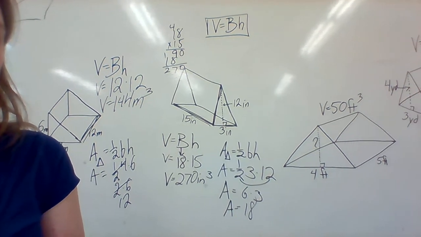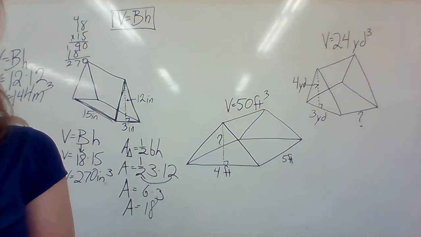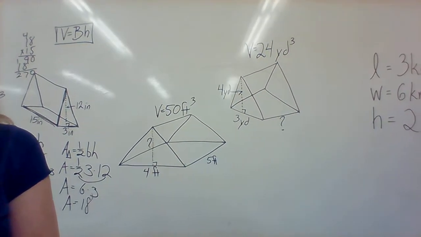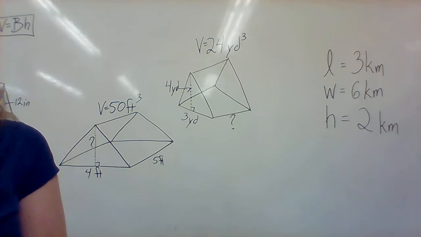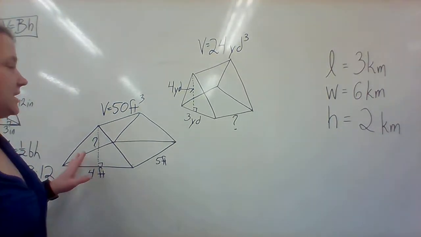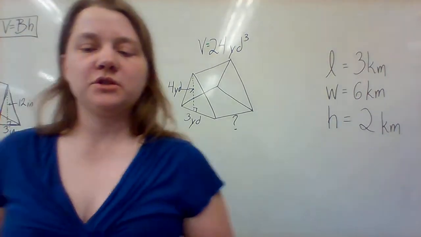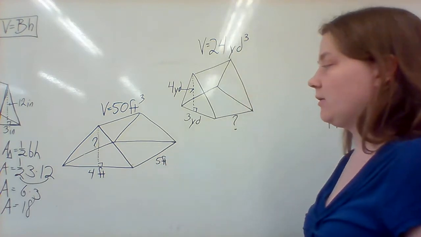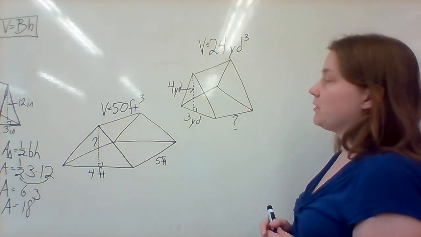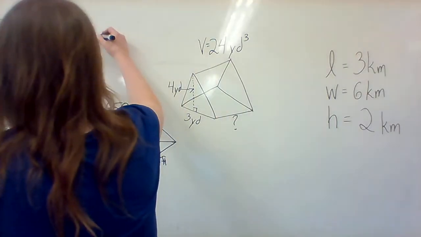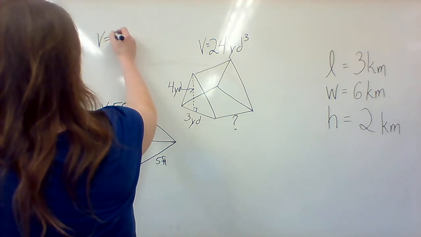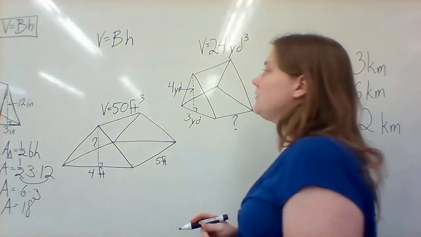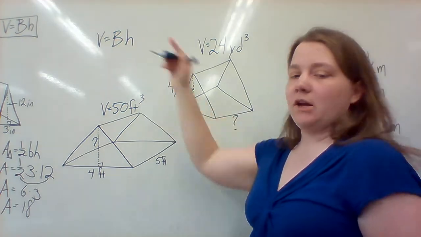But in this example, they're not going to tell us the height of the triangle. So we need to go ahead and figure that out together. First thing I'm going to do is fill out the formula, and I need to figure out the area of the base.